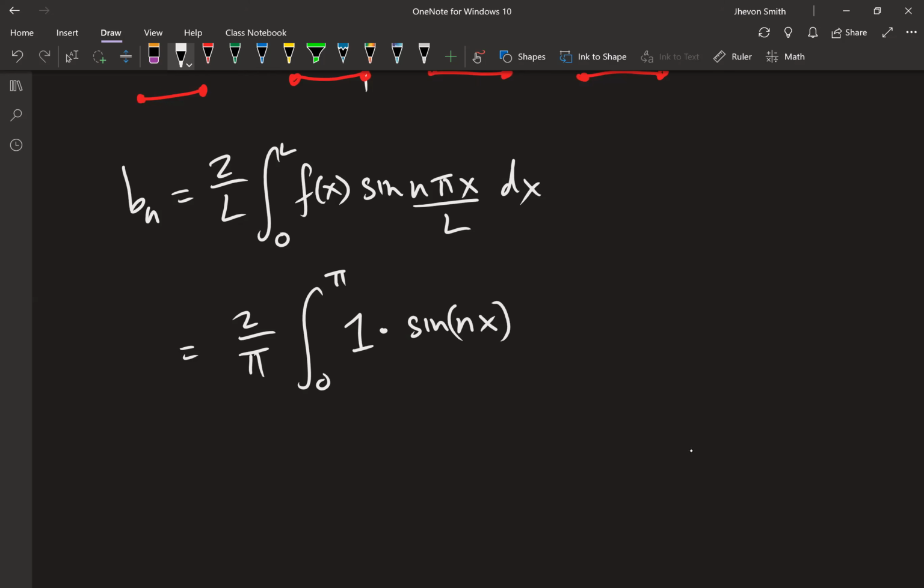Because L is pi, so the pi's cancel. This is going to be equal to, well, the integral of sine is minus 1 over n cosine nx.